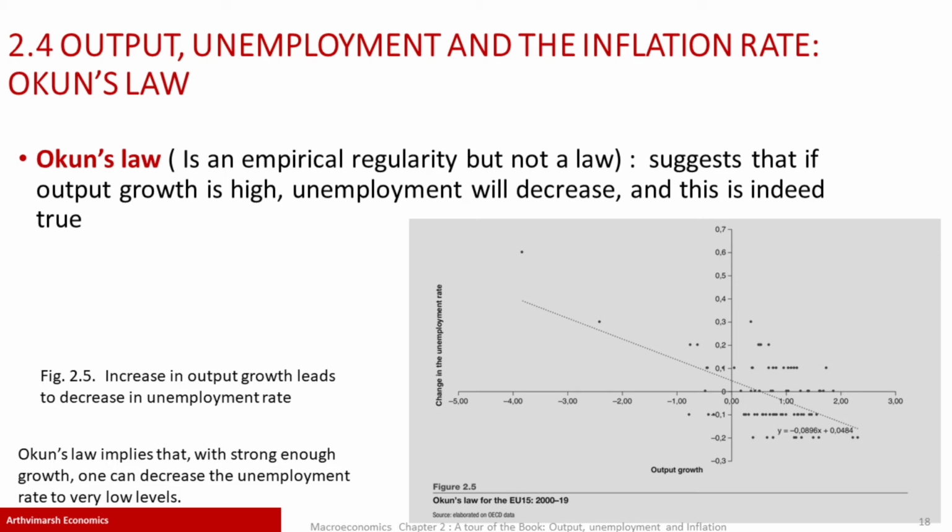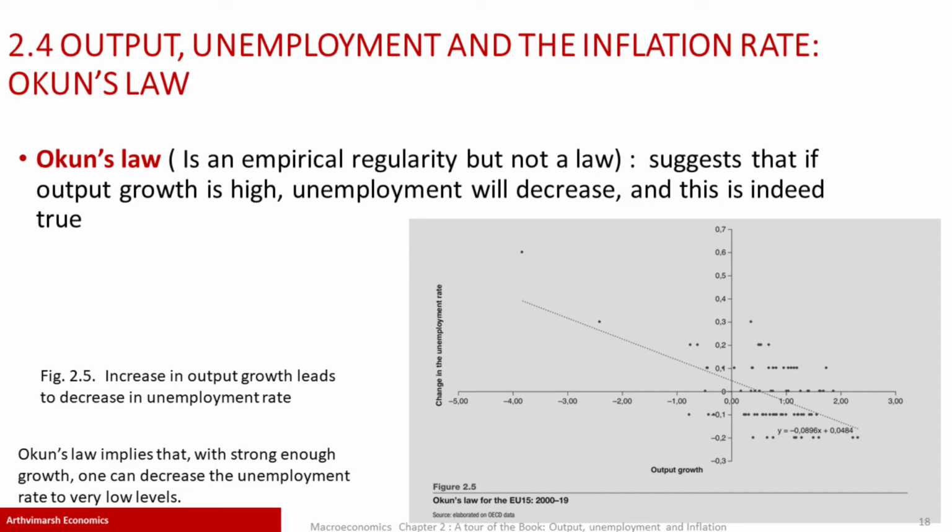What it suggests is that if output growth is high, unemployment will decrease, and this is indeed true. How? Because in general, when the prospects of growth in an economy go up, we can expect more business activity to take place, and in the process employment opportunities are created and unemployment numbers go down.